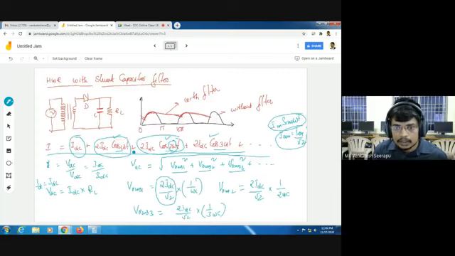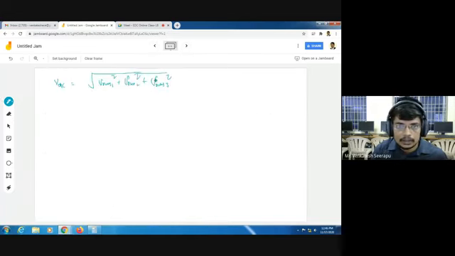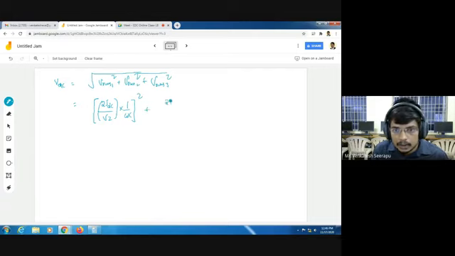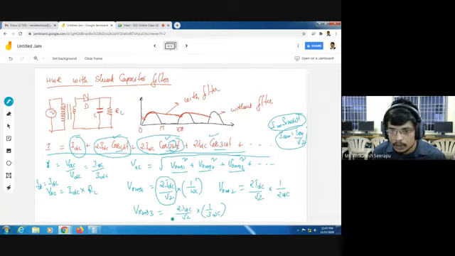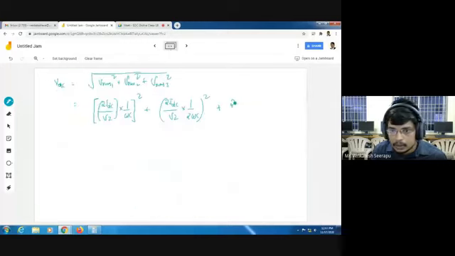Here VRMS1 is 2 IDC by root 2 into 1 by omega C, whole square, plus VRMS2, which is 2 IDC by root 2 into 1 by 2 omega C, plus VRMS3, which is 2 IDC by root 2 into 1 by 3 omega C, whole square.